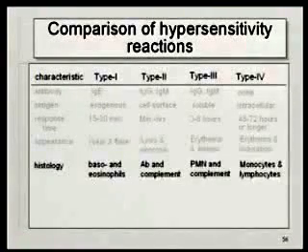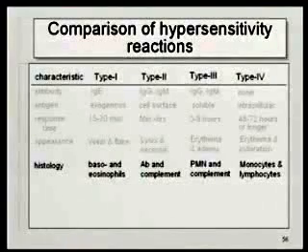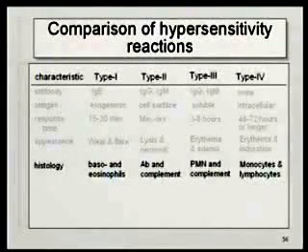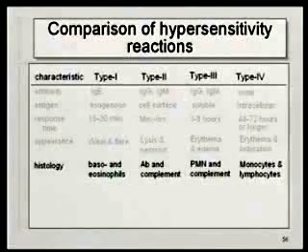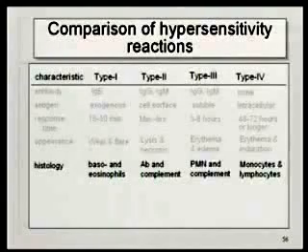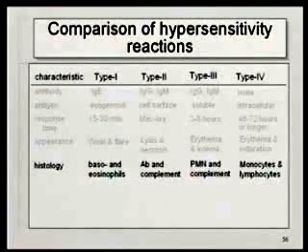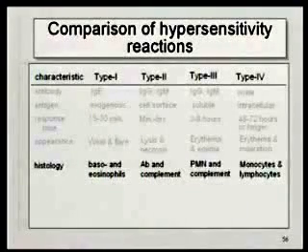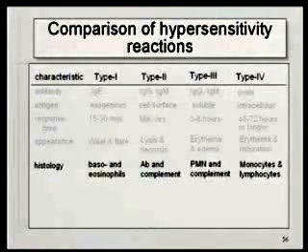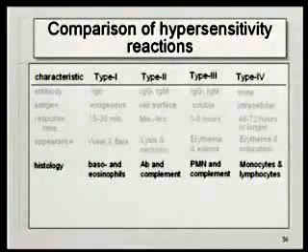Okay. Histology, if one looks at histology of type 1 reaction, one would find basophils and eosinophils. You remember ECF-A, eosinophil chemotactic factor of anaphylaxis, attracting eosinophils and basophils. Some neutrophils may also come in later on, but by and large it's eosinophils and basophils.